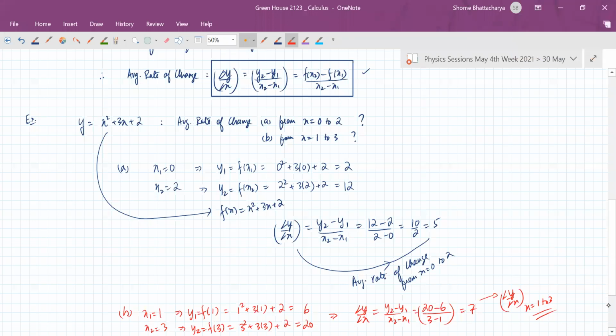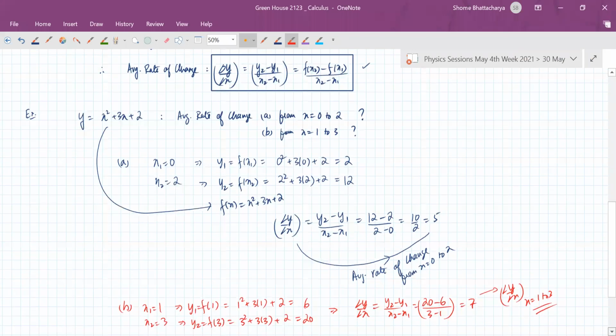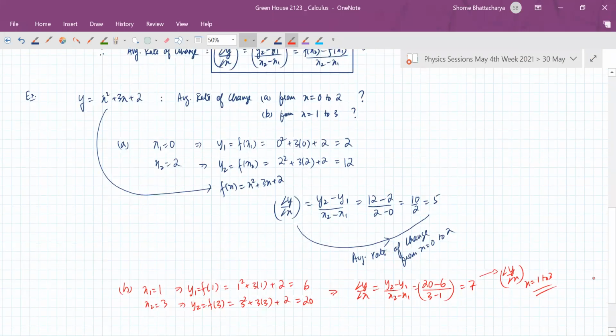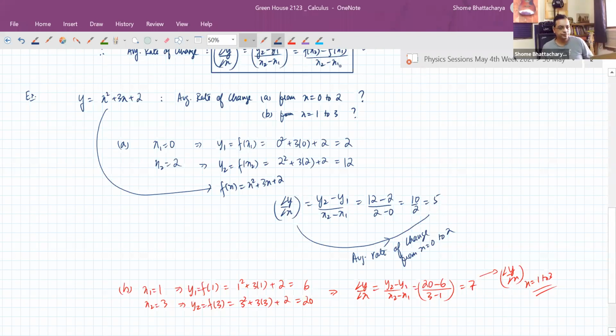So any doubt in this calculation? No, sir. Okay. Right. So that is about average rate of change.